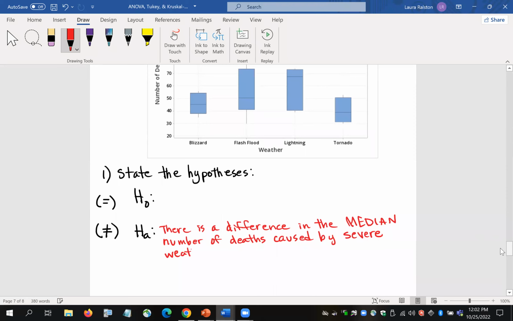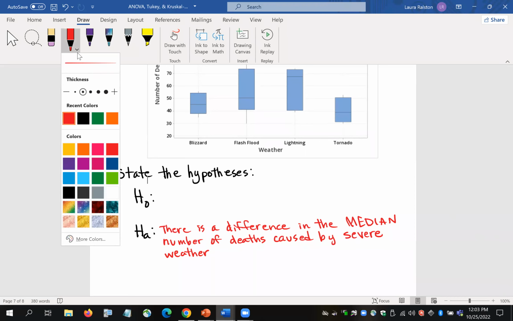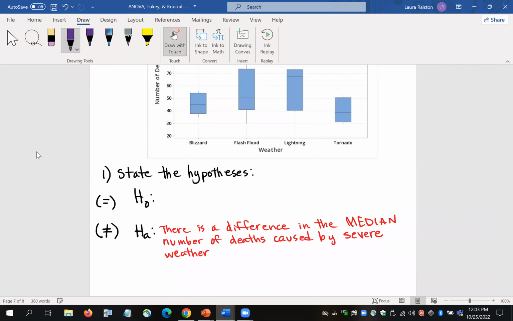We add that word median because again, we are testing the medians. There is a difference implies that it is not equal.